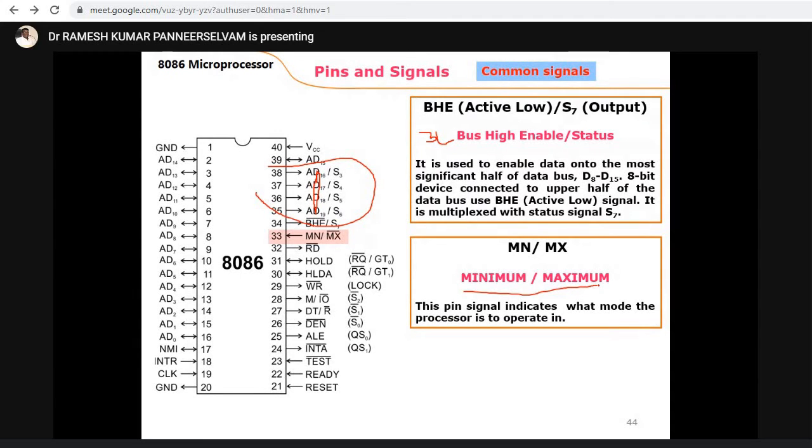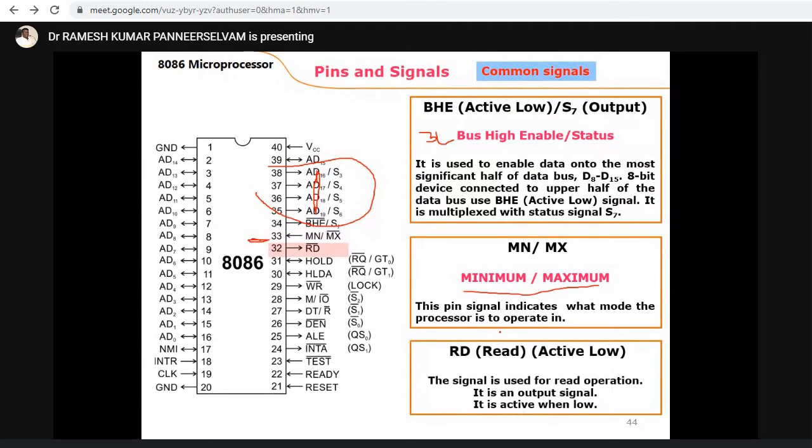In maximum mode, one or more 8086 microprocessors can be cascaded, so that a multiprocessor architecture can be built. Whether the processor works in single processor mode or multiprocessor mode is indicated by pin 33. Okay?